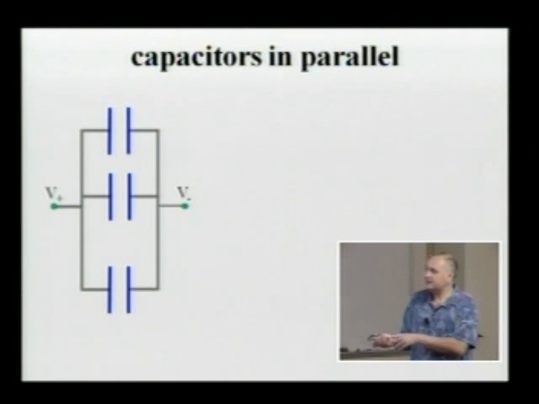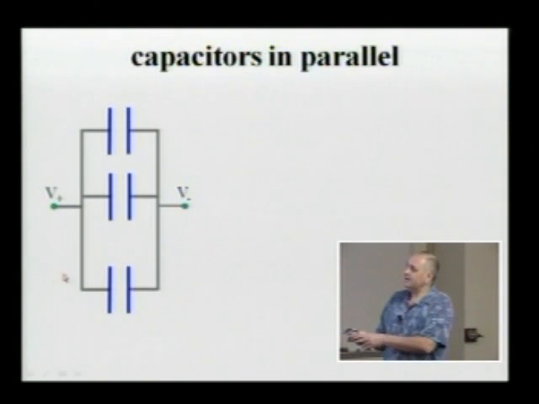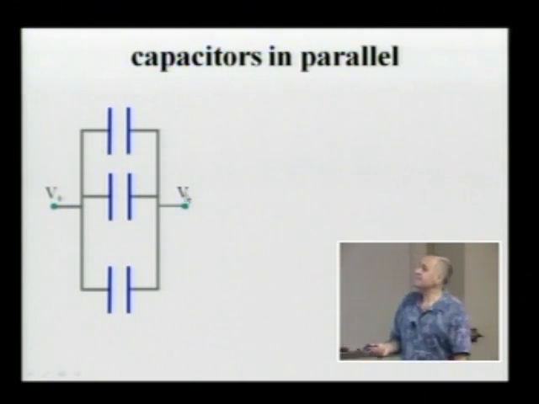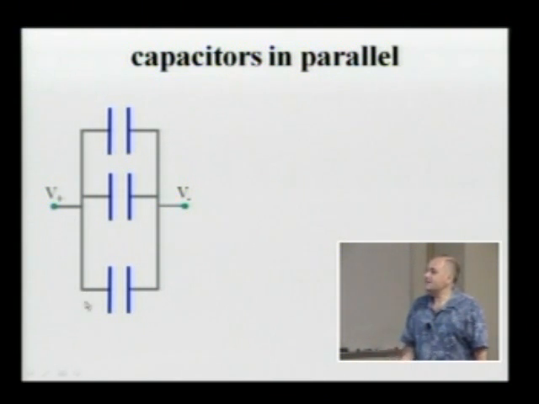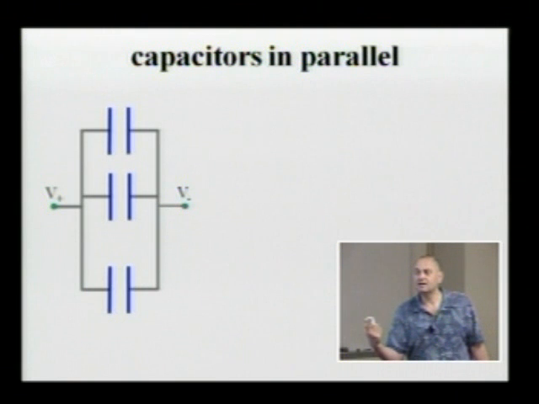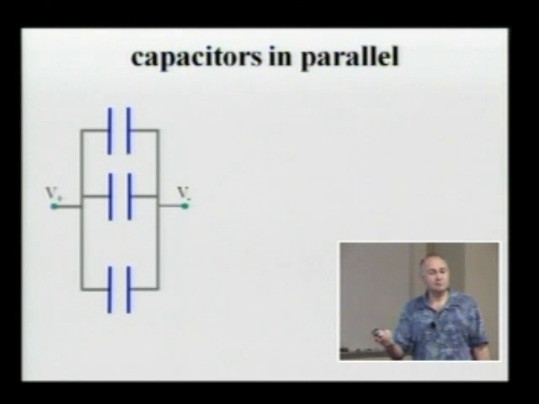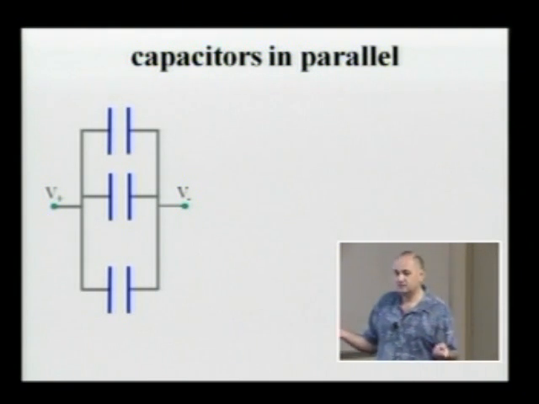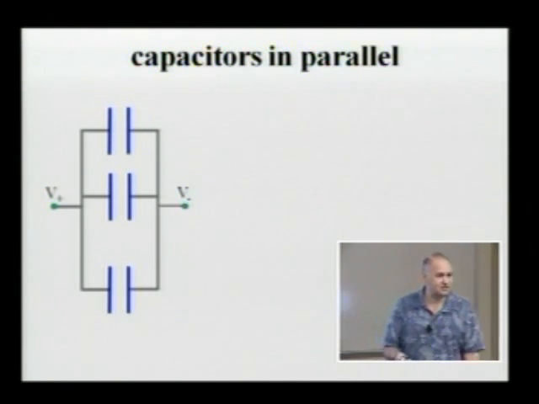All right, so let's now say that potential on the left-hand side is V plus, potential on the right-hand side is V minus, and how would I verify that that system behaves like a capacitor? What do I have to check? That the potential difference is proportional to charge.